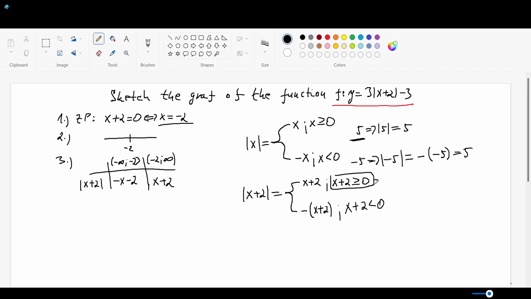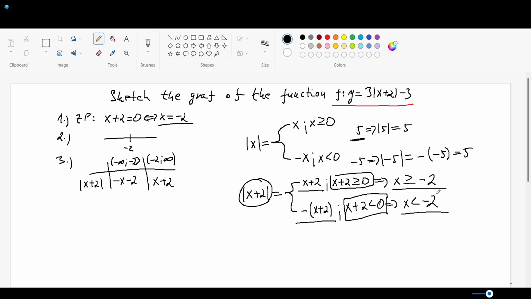So basically, if you solve this inequality, it would be x is greater or equal to -2. And if you solve this inequality, it says that x is less than -2. So our absolute value of x plus 2 is defined as this expression if x is less than -2, and it equals this expression if x is greater or equal to -2.